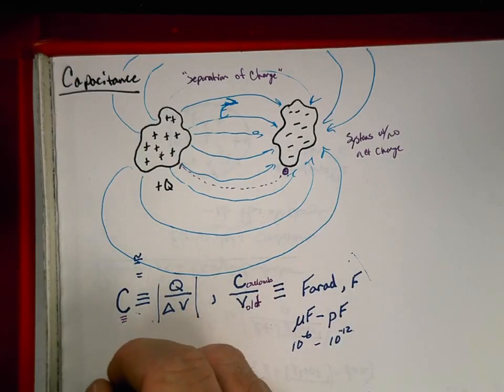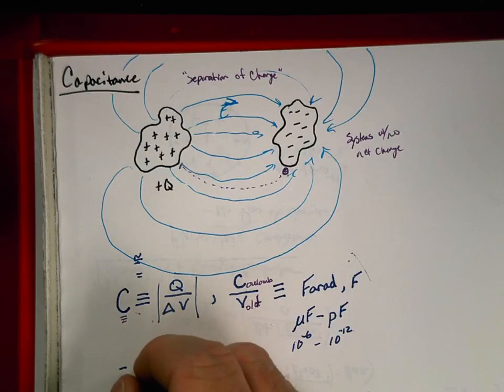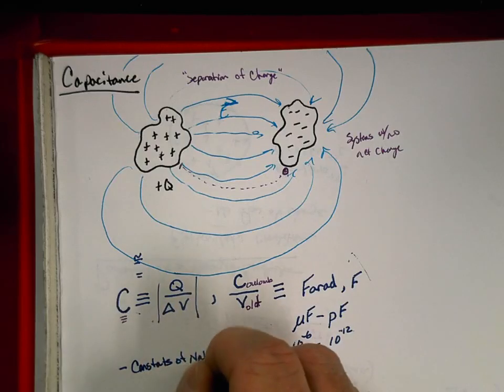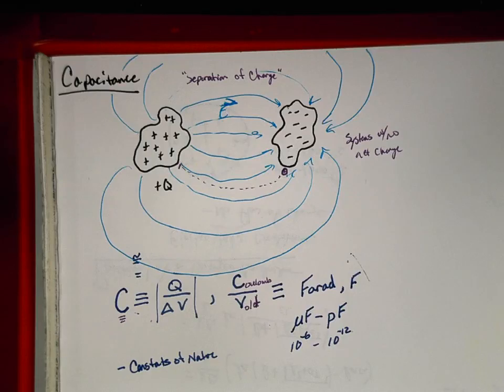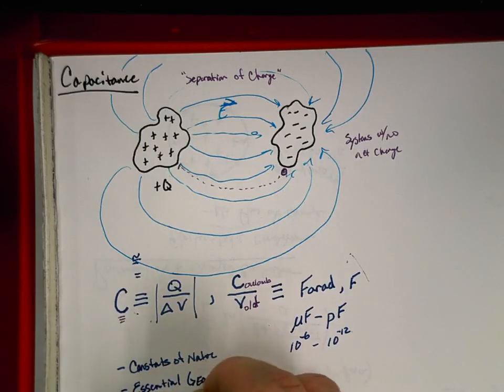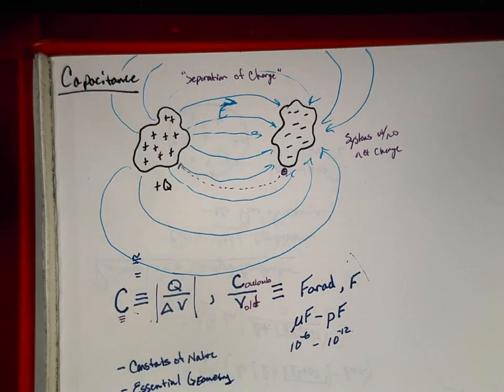Okay, the capacitance is defined by constants of nature, K, or 4 pi epsilon naught, that sort of thing, and the essential geometry. Okay, so in other words, the things that can change once you establish the shape of what you're dealing with, it's what can change with that shape.